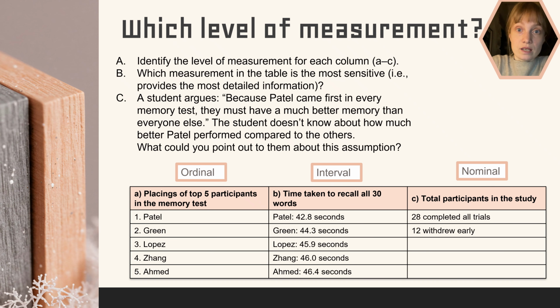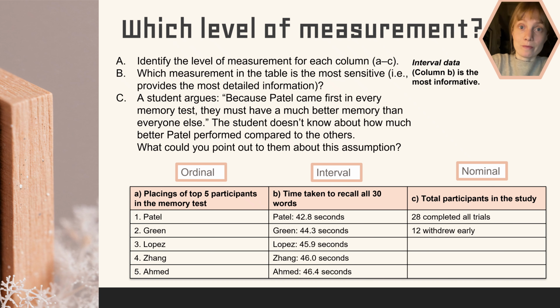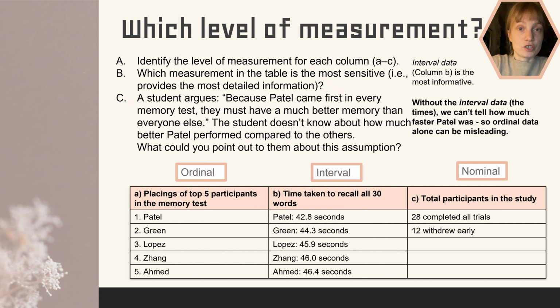These are categories. Question B, which measurement is the most sensitive or informative? The answer would be interval data, so column B. It gives the most precise information about performance because it includes equal intervals and allows more mathematical operations to be carried out. And then for question C, the students claim that Patel must have a better memory.